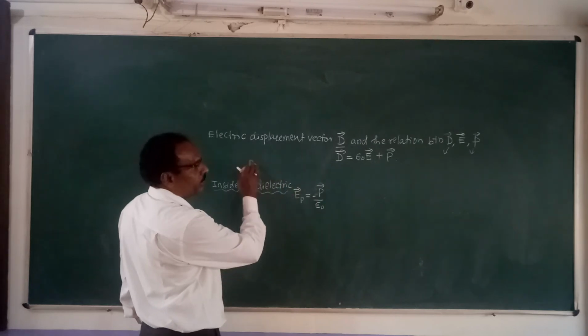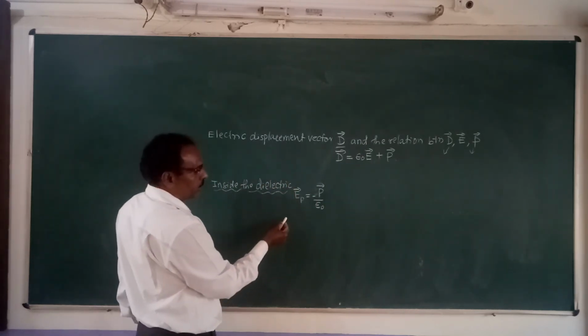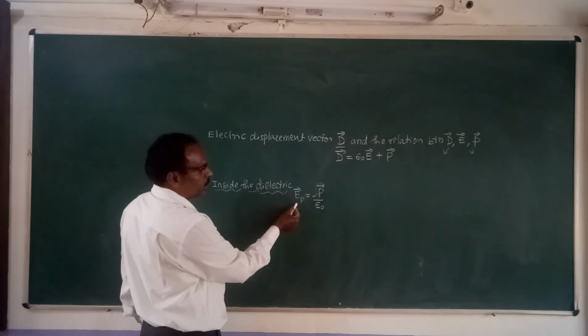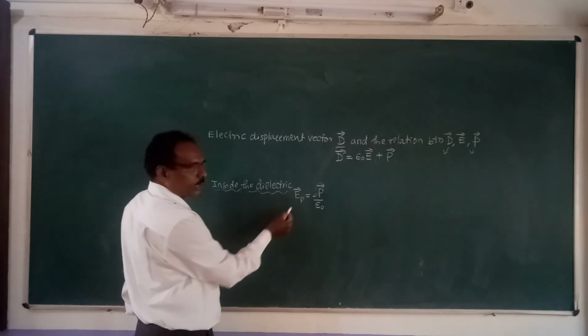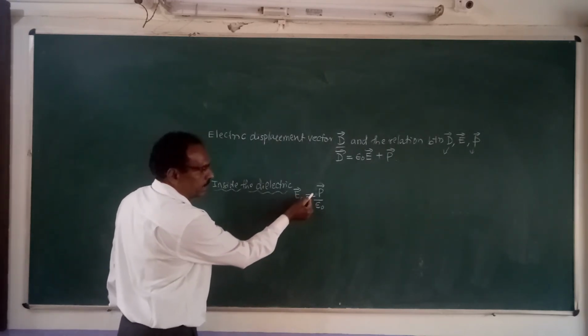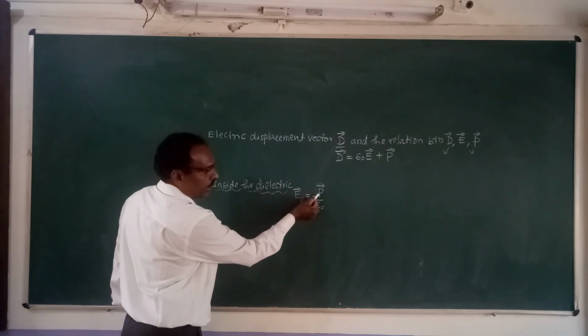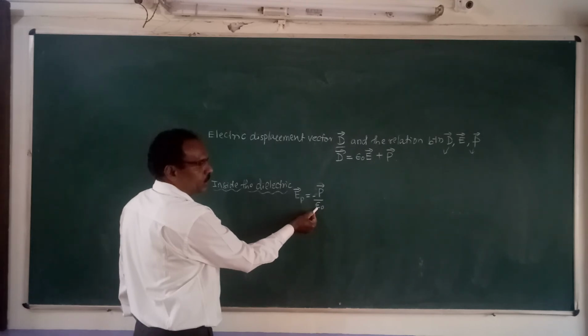Then we defined what is called the electric polarization density vector. Inside the dielectric sample, the electric field is given by P divided by epsilon naught.